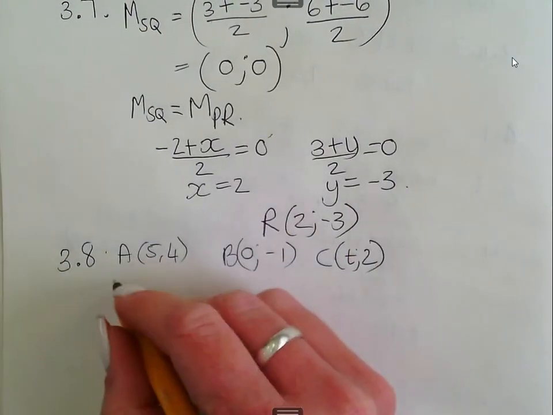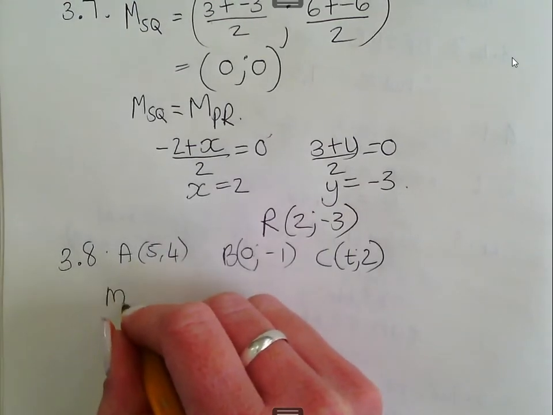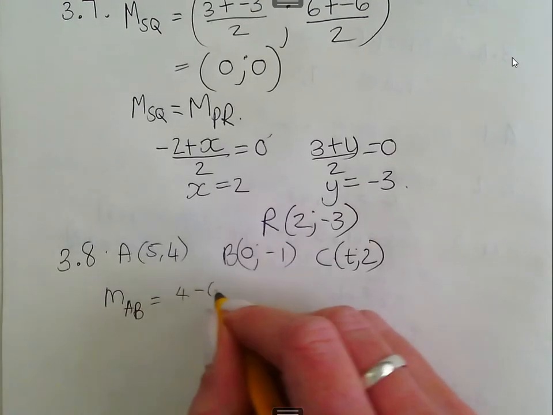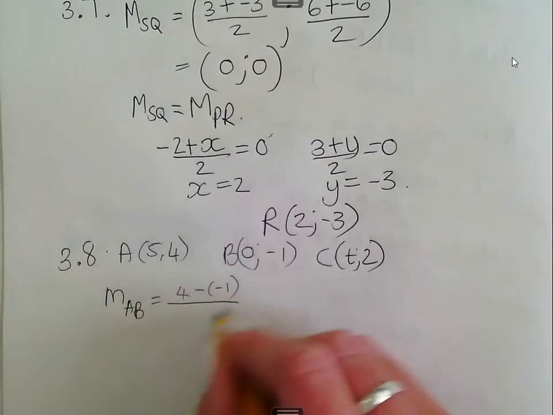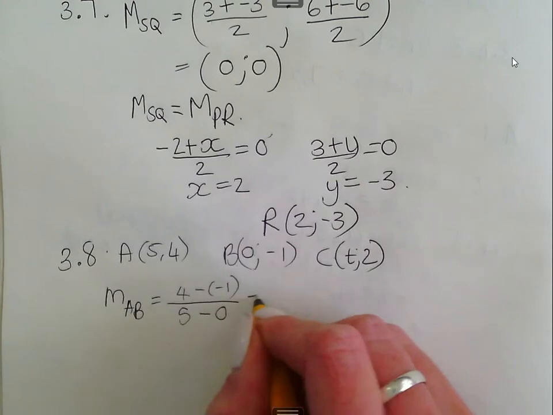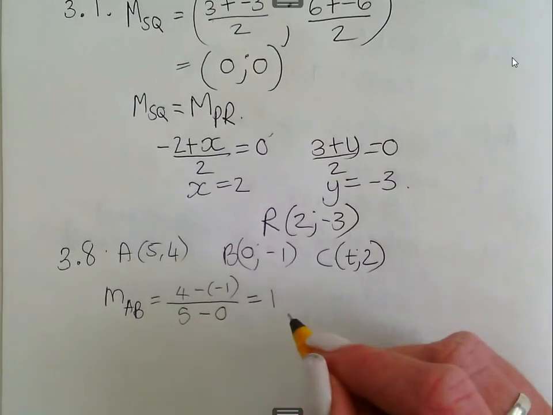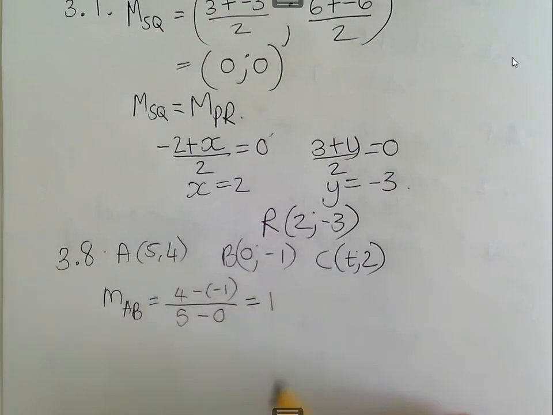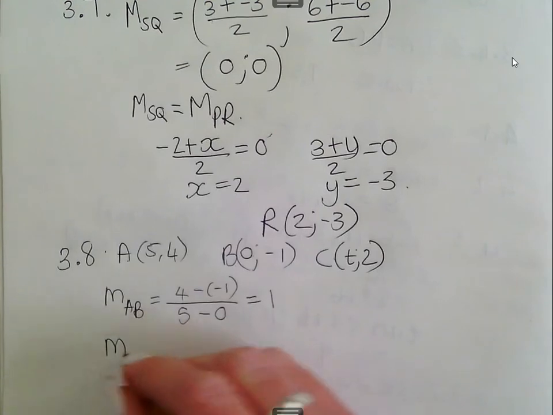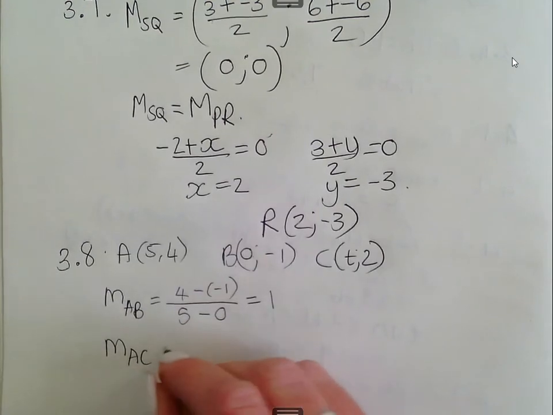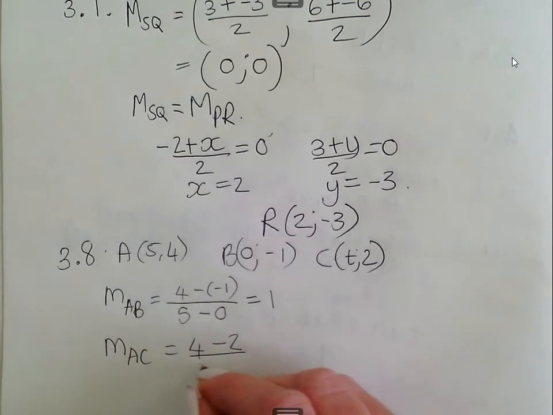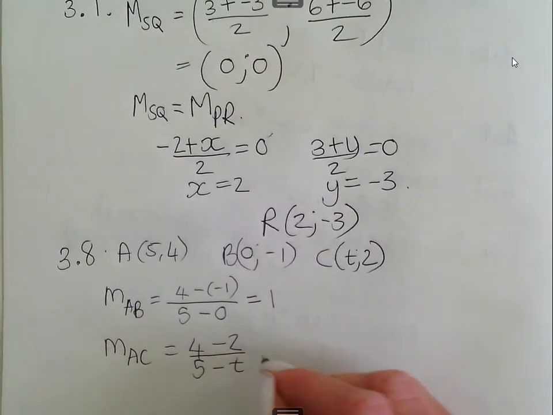So first I start with the gradient of AB. It's 4 minus negative 1 divided by 5 minus 0. That gives me 5 over 5 and my answer is 1. So the gradient of AC is going to be 4 minus 2 over 5 minus t is equal to 1.